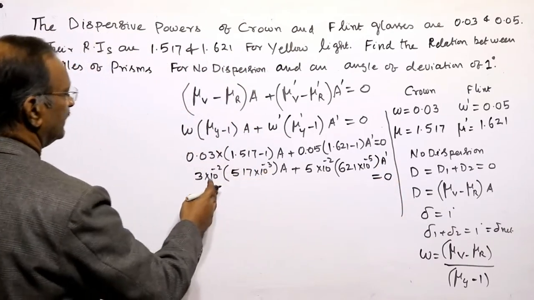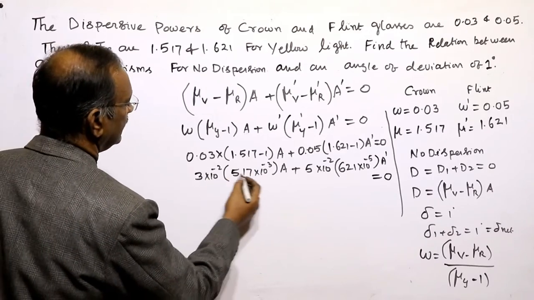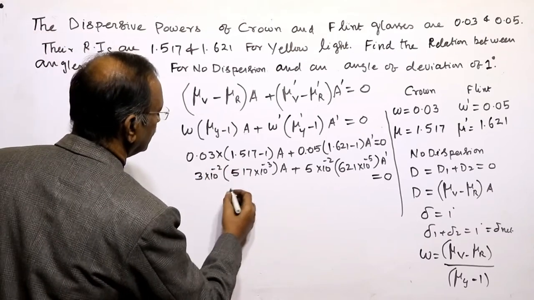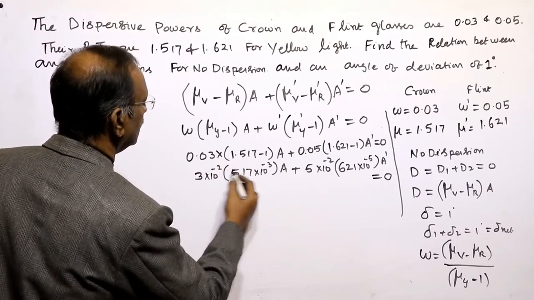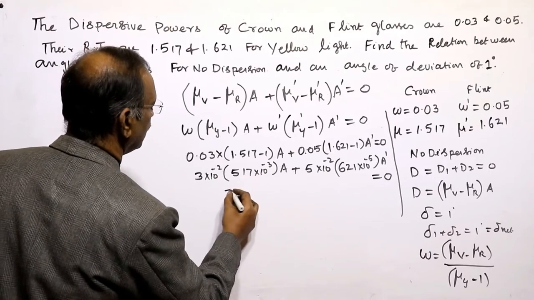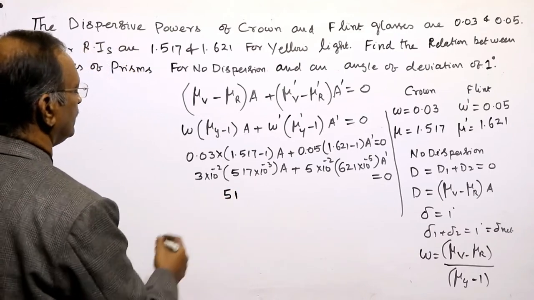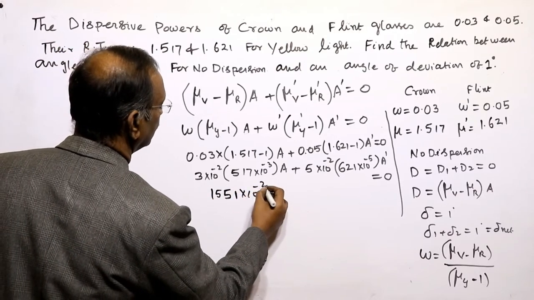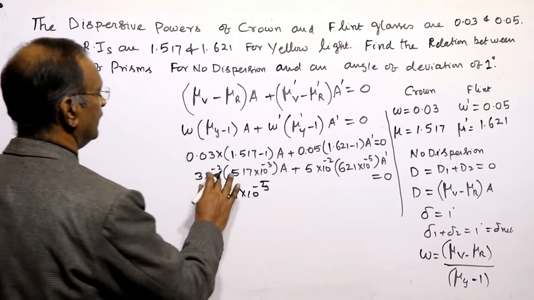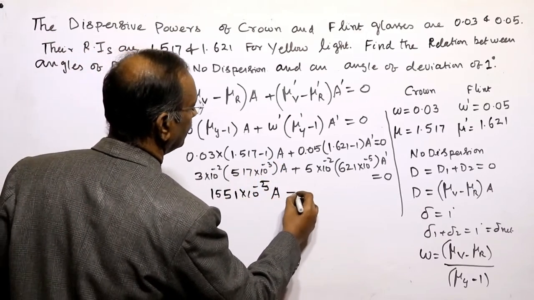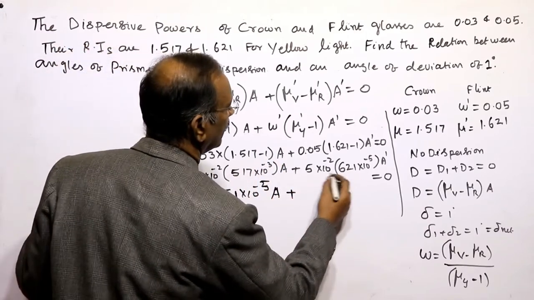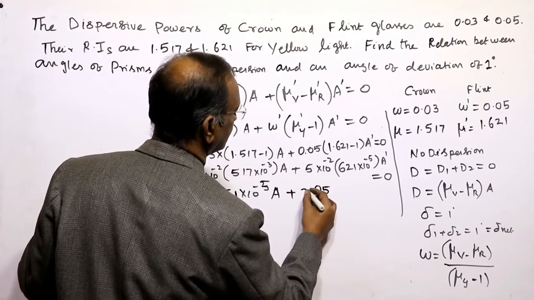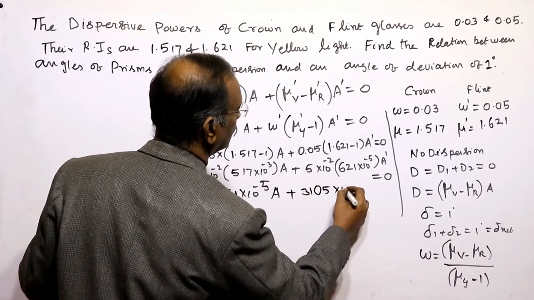Taking 10 to the power minus 3 out, this becomes 3 into 517, which is 1551 into 10 to the power minus 3, plus 5 into 621, which is 3105 into 10 to the power minus 5 into A dash.